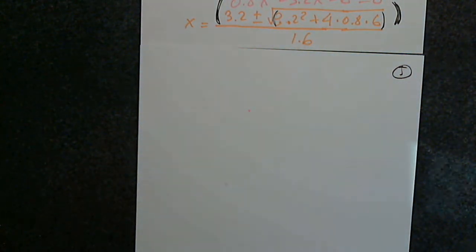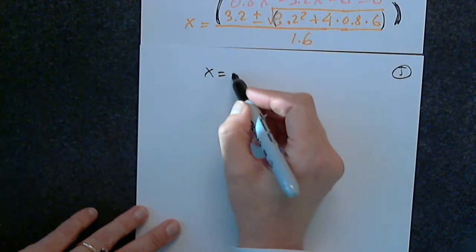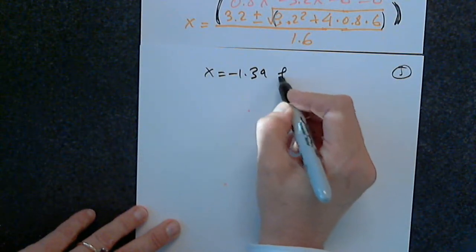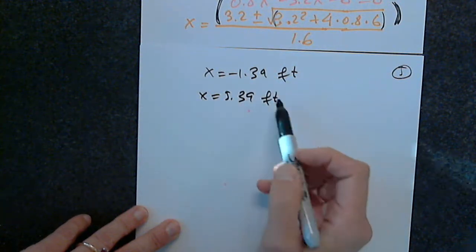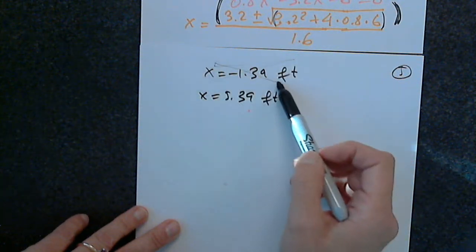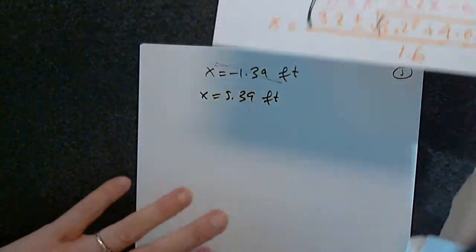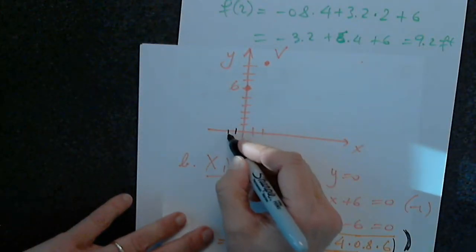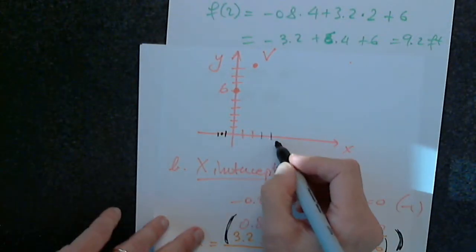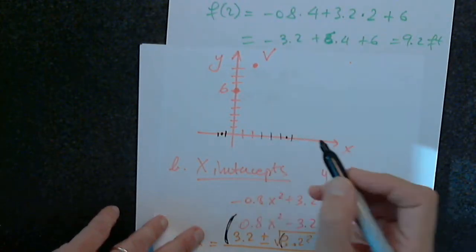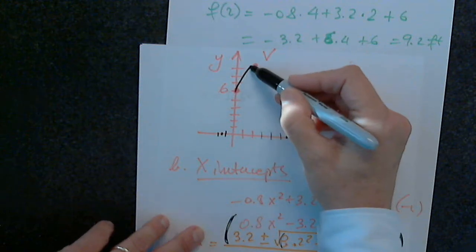Okay, so we have two solutions here. X equals negative 1.39 feet, and x equals 5.39 feet. Of course, the first doesn't make sense, but I know where it is. It's right here. And I know where this one is, 2, 3, 4, 5. So this is the graph.